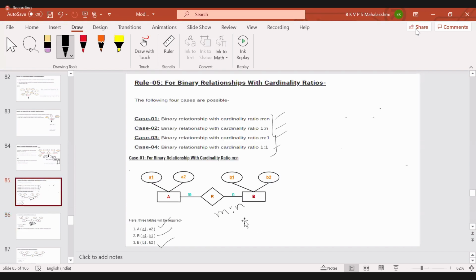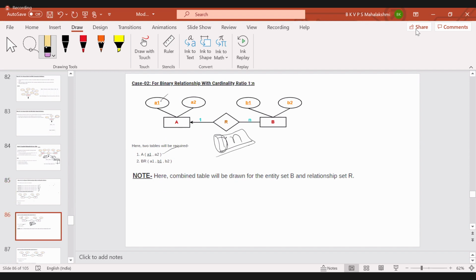But we have to take three tables if it is the cardinality m:n. See, these are the thumb rules. If it is 1:n, then directly we can take two tables. One is with only the attributes of the particular entity which has 1 here.